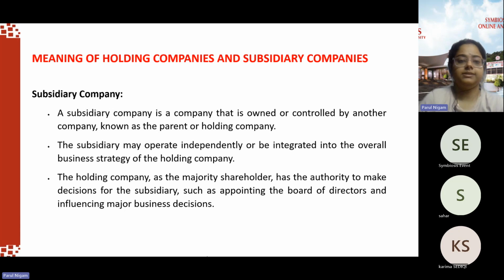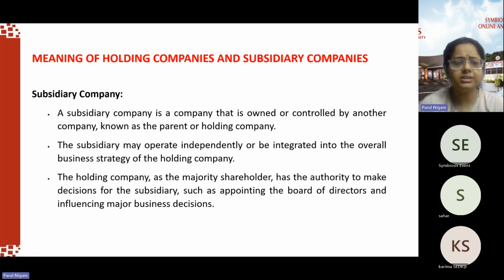Then what are the characteristics of these companies? The holding company is very simple. It owns majority shares in the subsidiary company. It controls the strategic decisions of that subsidiary company. It can influence the financial and operational policies of that company.